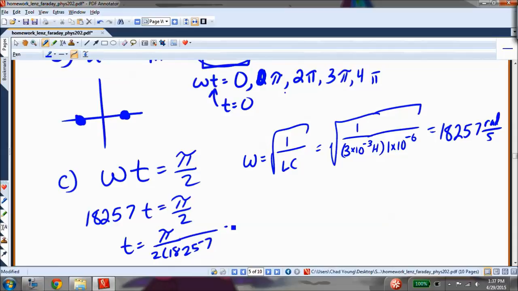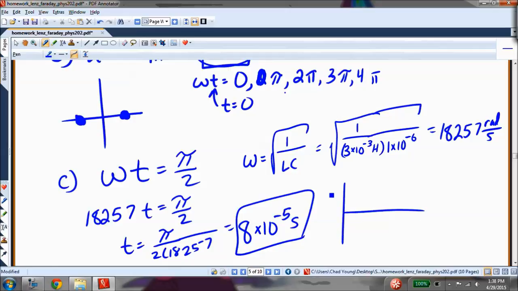All right, so that time is 0.8 times 10 to the minus 5 seconds. That is the first instant when I get my maximum current. So if I'm plotting out my current here, current versus time, that is the instant right here. This is at t equal 8 times 10 to the minus 5 seconds.